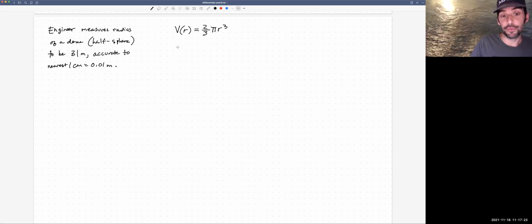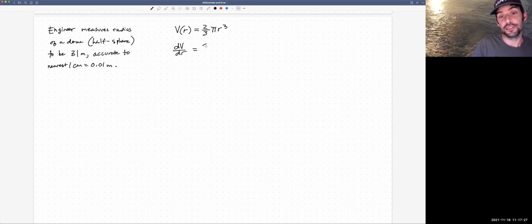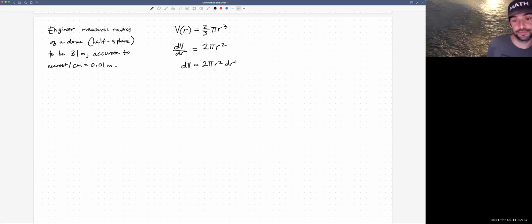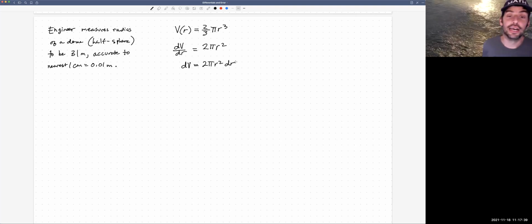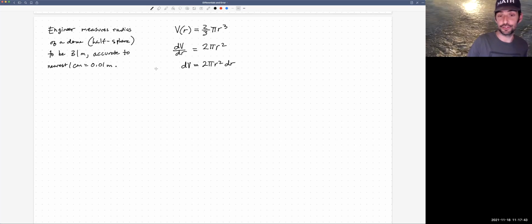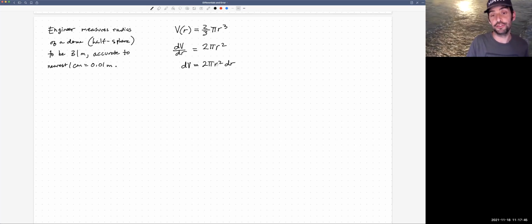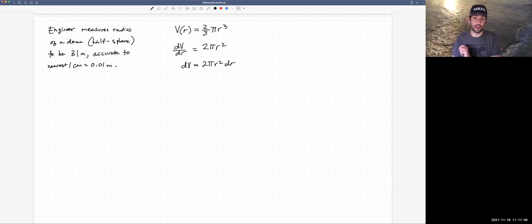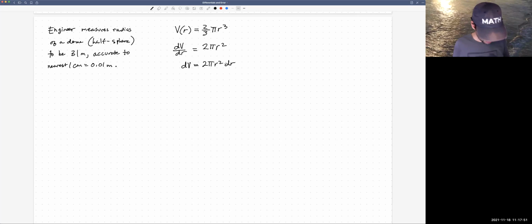We can take the derivative, dV/dr is going to be 2 pi r squared, and we're going to write this in the form of differentials. The change in the volume, or at least the linear approximation to it, is equal to the derivative of the volume formula, 2 pi r squared, times the change in the input r.